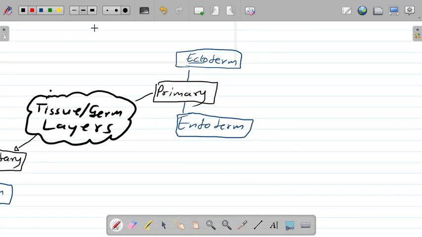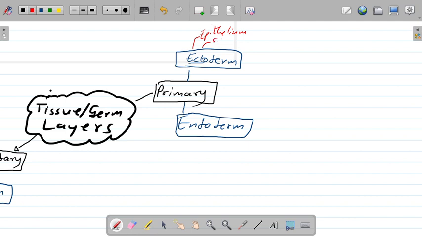So, quick summary. The ectoderm and the endoderm are the primary germ layers. Remember I said these germ layers are the first layers that are formed from an embryo. After fertilization is a zygote, then an embryo. Good. Then the ectoderm will give rise to the epithelium of an organism, the outer covering.